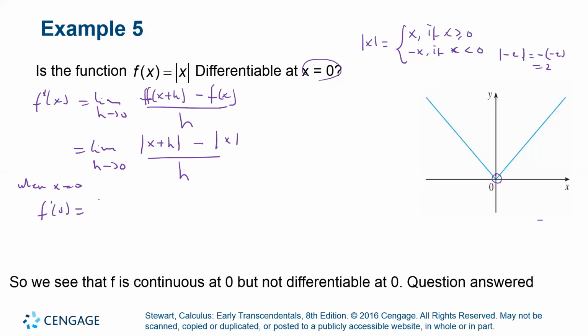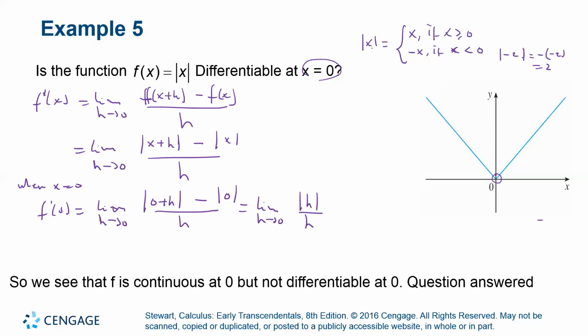It is this limit as h goes to 0 of the absolute value of 0 plus h minus the absolute value of 0, over h. Now this simplifies into the limit as h goes to 0 of the absolute value of h divided by h.